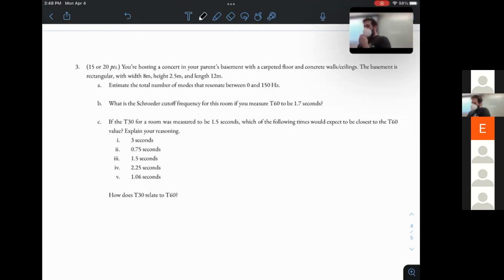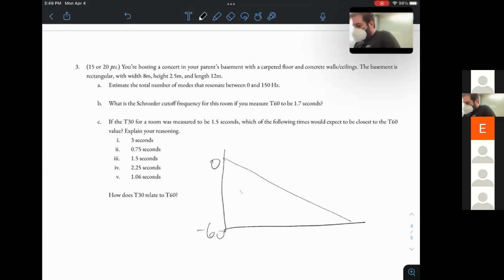Okay. Let me see if I can draw something that'll make it more clear. Okay, so let's say this is -60 and here's 0. And I have something in decibels that looks like this, and this is time, okay?